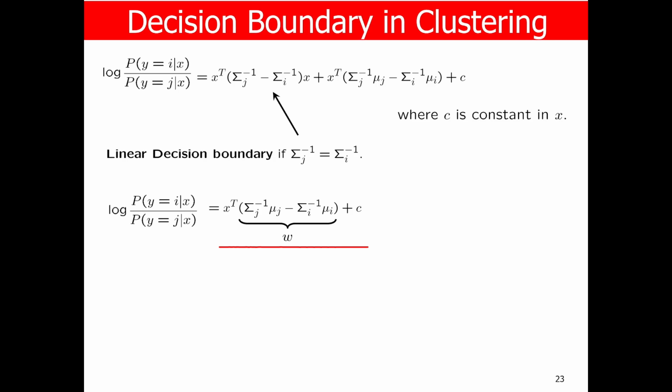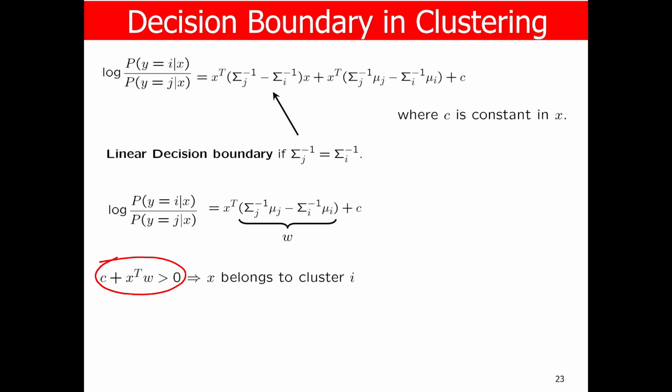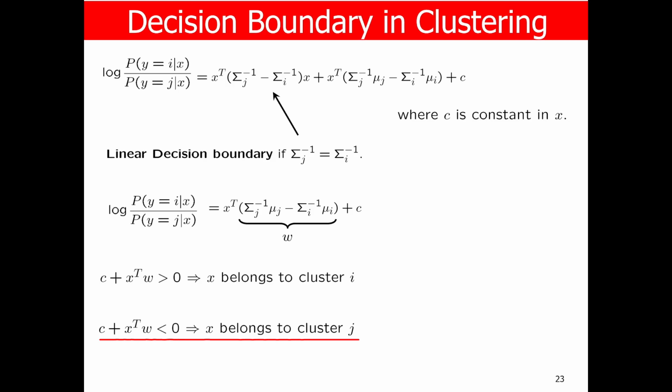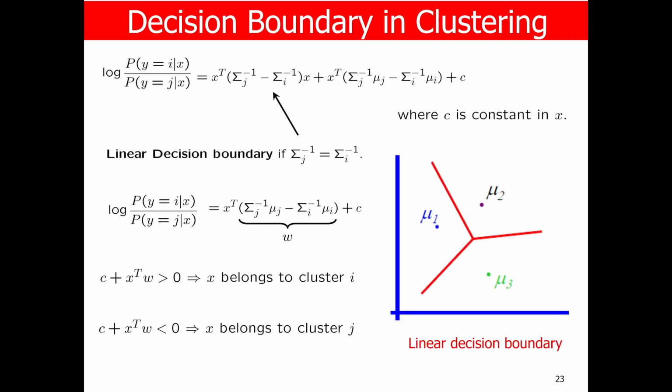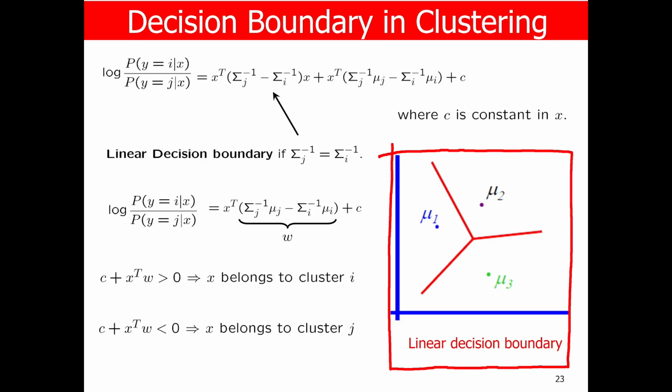So if c plus x transpose w is positive, then x belongs to cluster i. Otherwise, x belongs to cluster j. In this case, the decision boundary between the two clusters is a linear function, and if we have three clusters, then the decision boundaries might look like this.